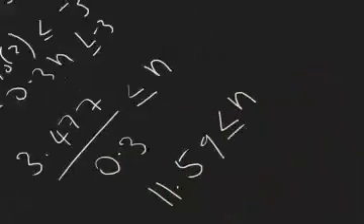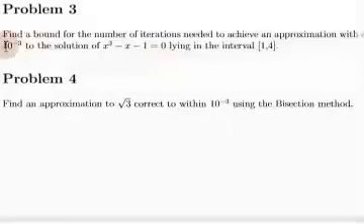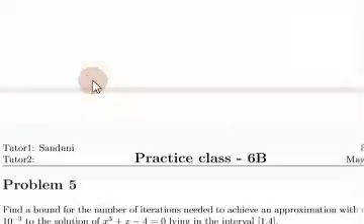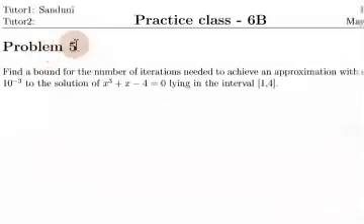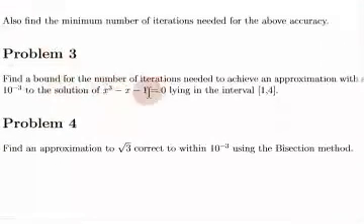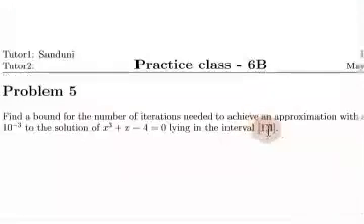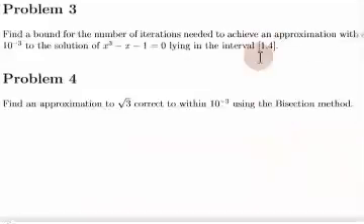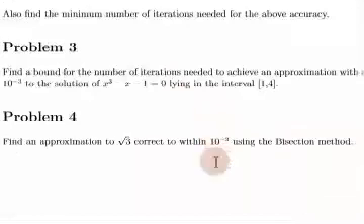So you have to do 12 iterations to get 10 to the minus 3 accuracy, right? I think question 5, problem 5, is similar to the previous one. Both are the same, I think. If you change the function, but the interval is the same, you get the same answer. Both are the same questions, right?